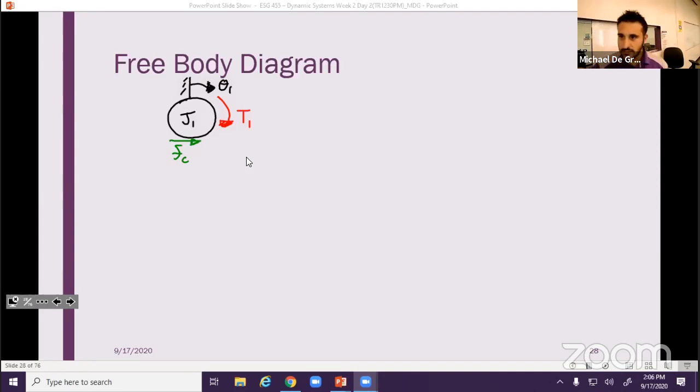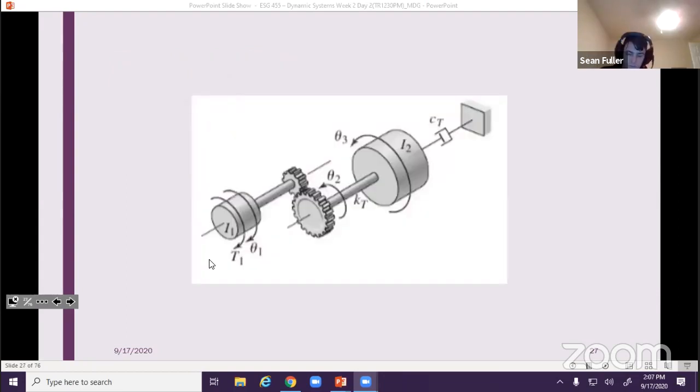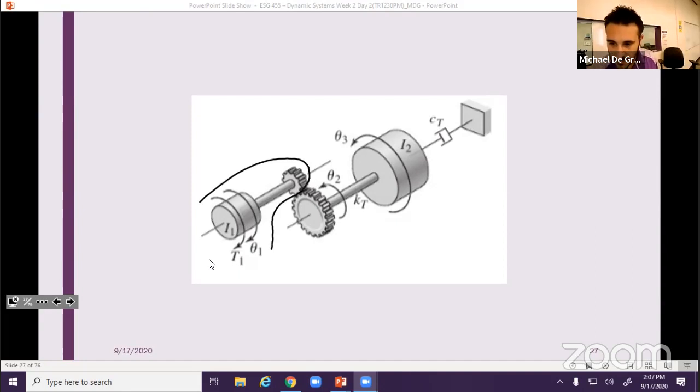Cool. Then we're going to come down to the gear, the interface. So let's go back to our schematic. What am I doing here? I'm assuming that the entirety of that first inertia is lumped and it is in the gear. This whole section I've lumped into one inertia.